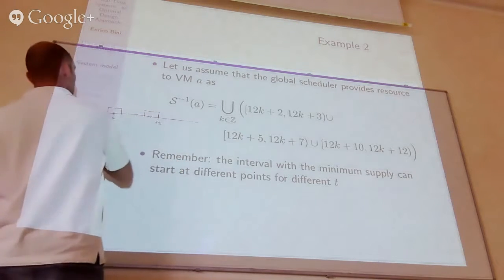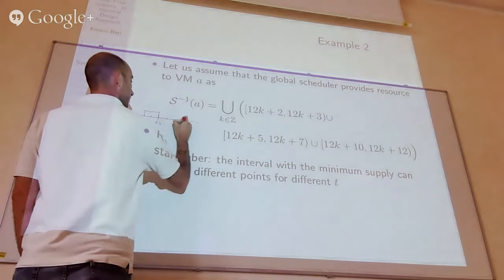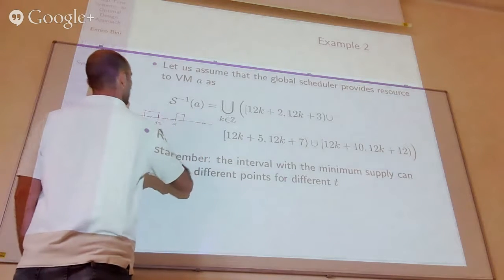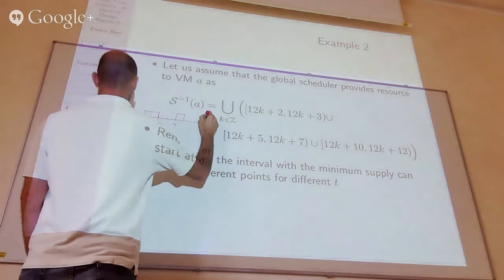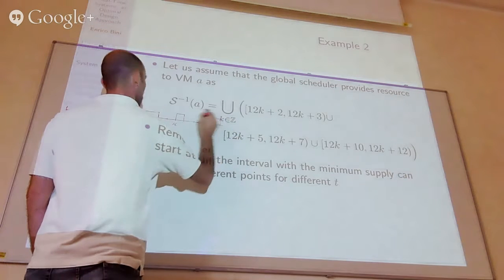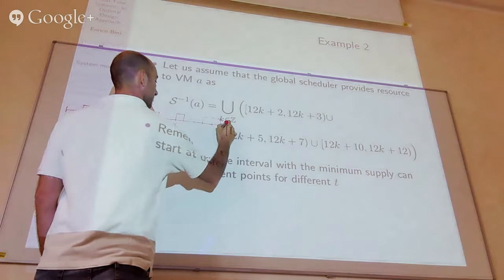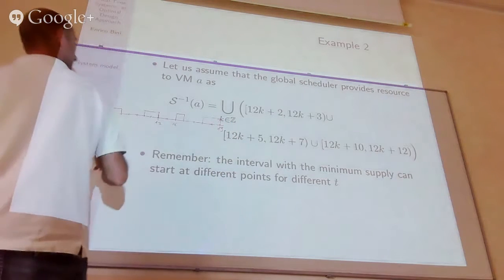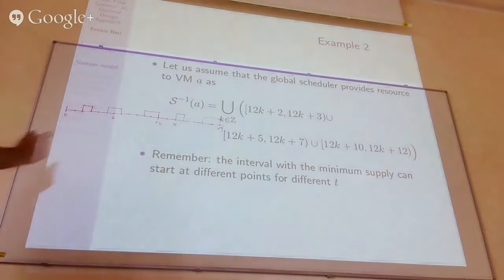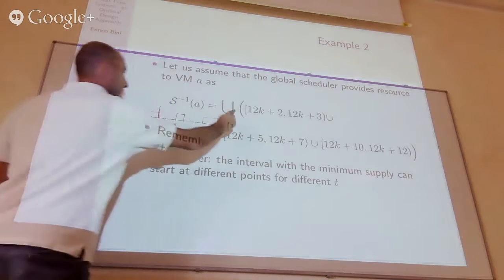So from 14, you have 1, then you have holes of 2, up to maybe 19, something like that. Okay, it repeats. So basically, let me draw the period a bit, and so on and so forth.